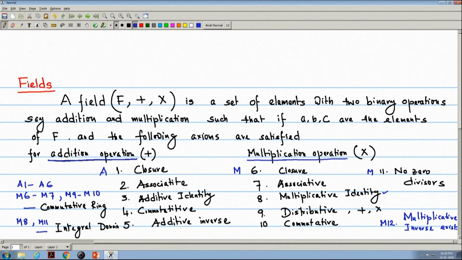So, over the properties satisfied by the commutative ring and the integral domain, if the multiplicative inverse exists, then it is a field.